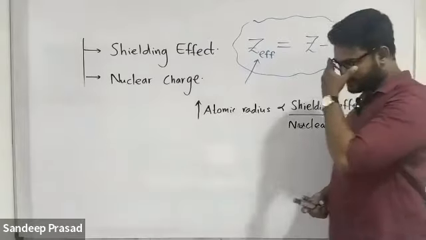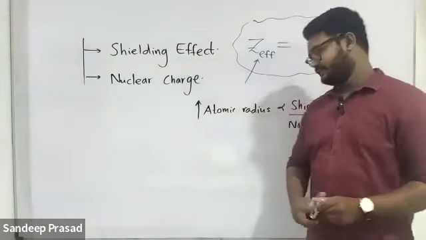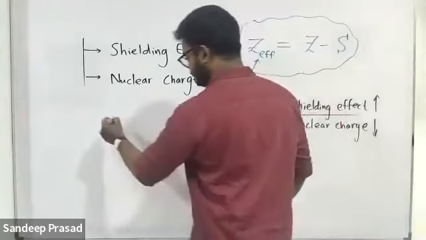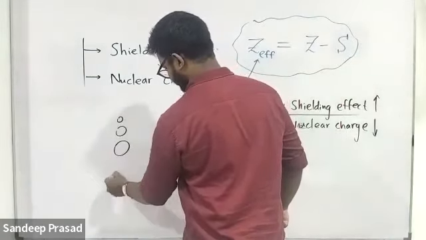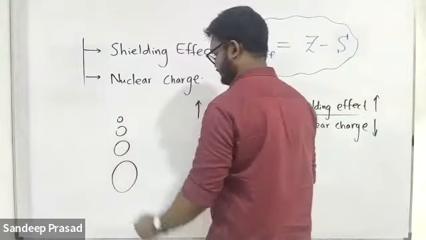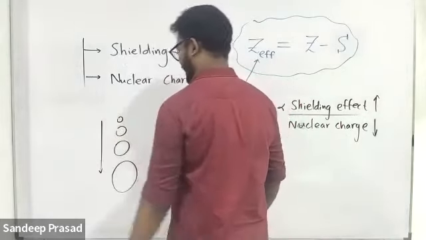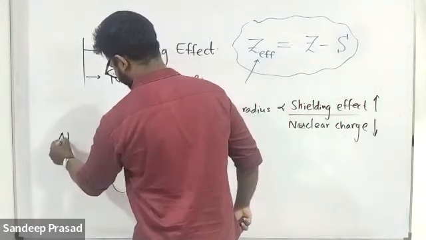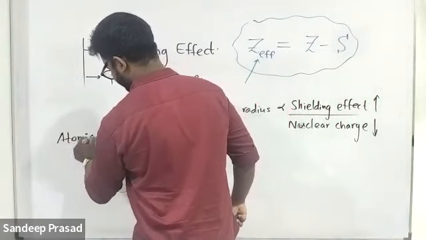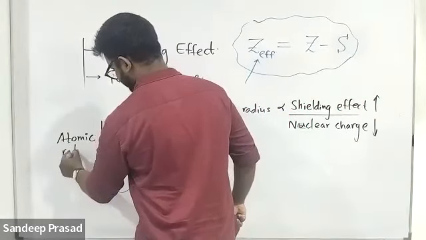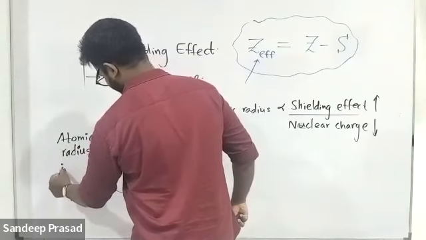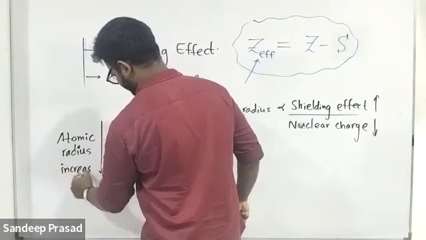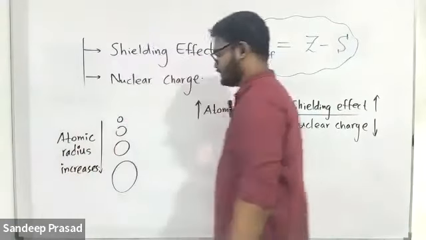And last week we learned a very important thing: when you go down a group, atomic radius increases. I told you the reason is that the number of energy levels increases, therefore atomic radius increases. Logically you can think about that.